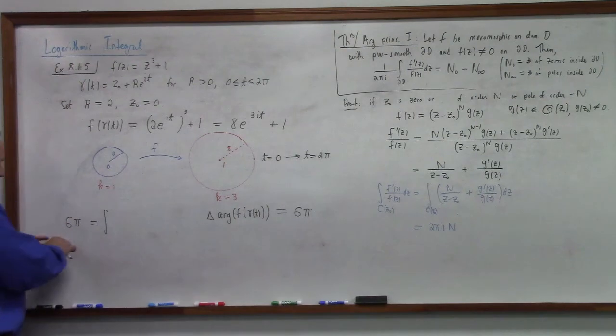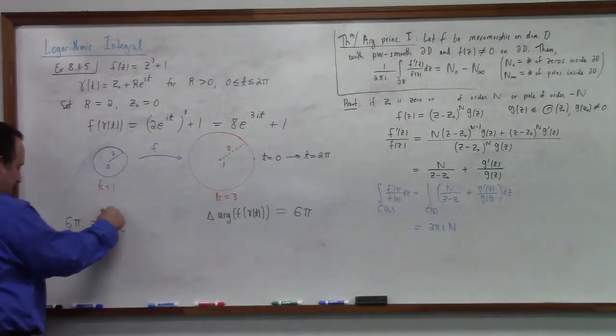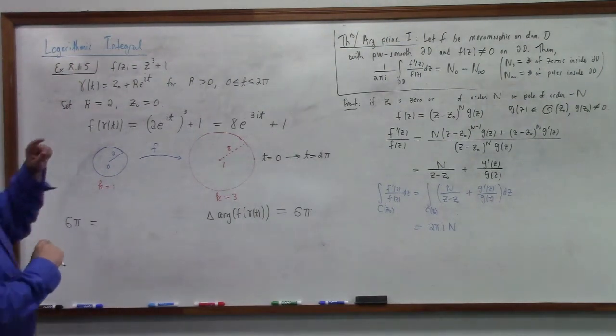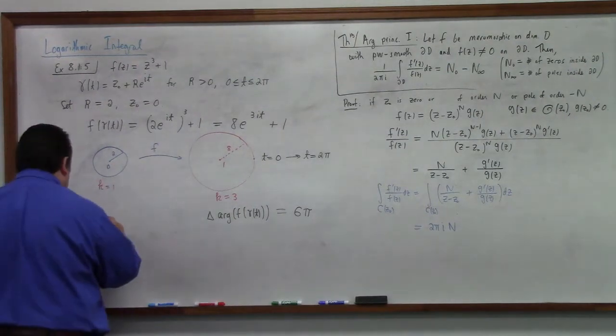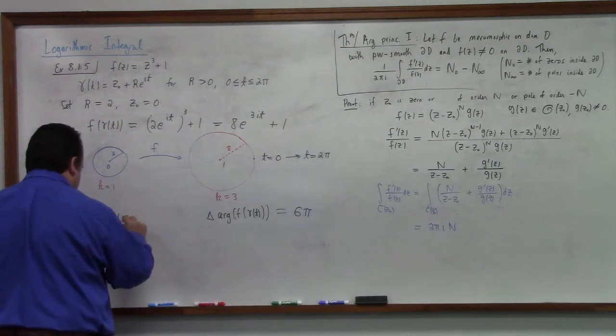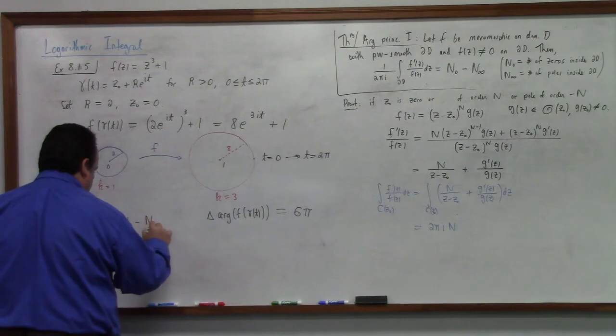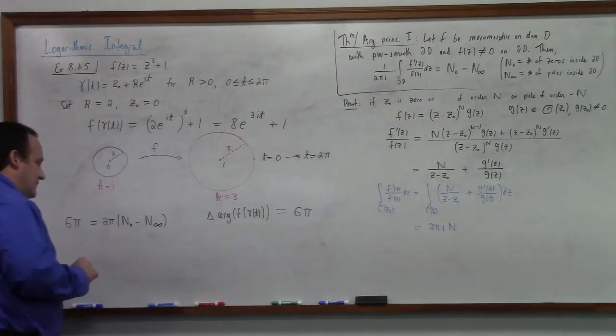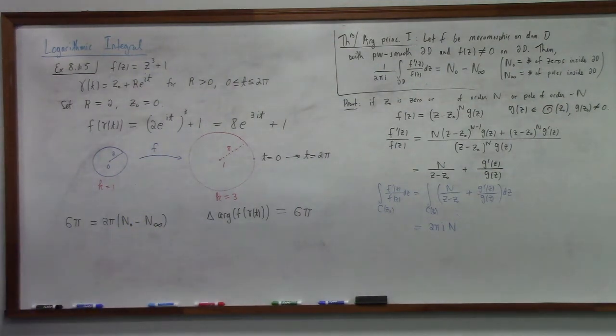So argument principle 2 says 6 pi is equal to 2 pi times the number of zeros minus the number of singularities, for the function f of z within the radius 2 circle.